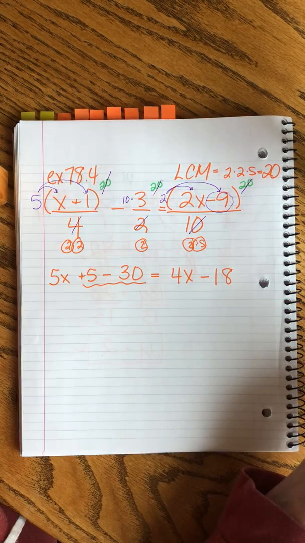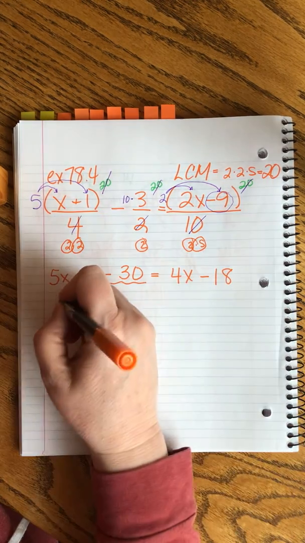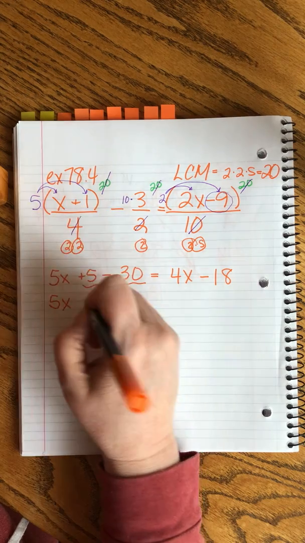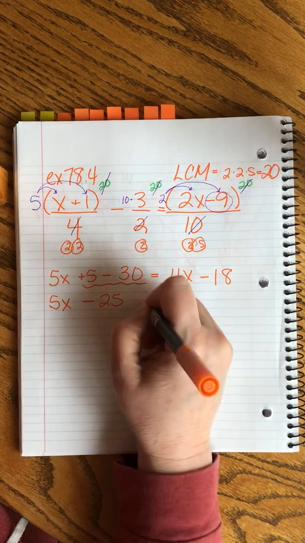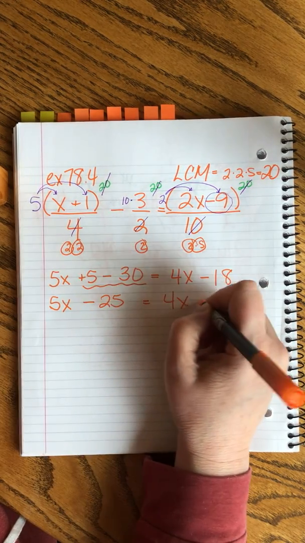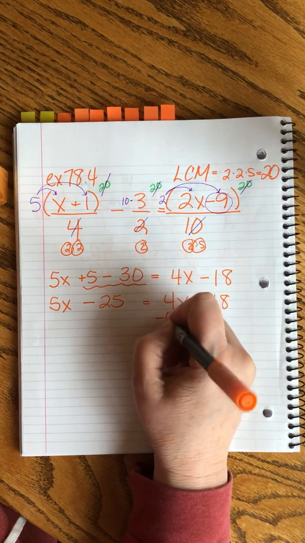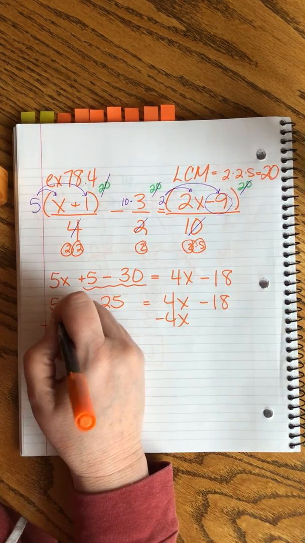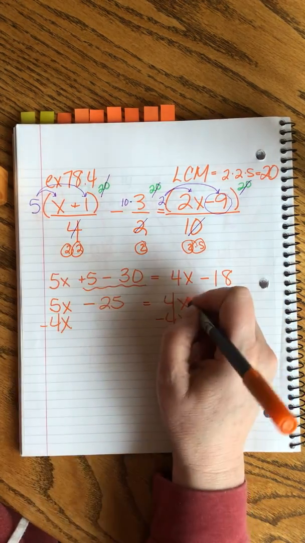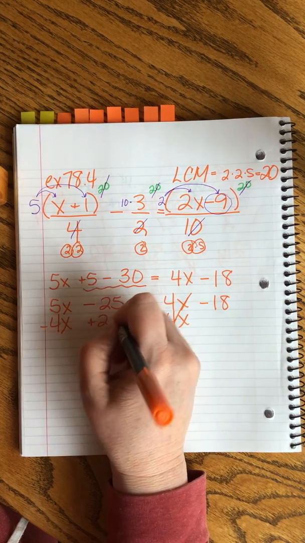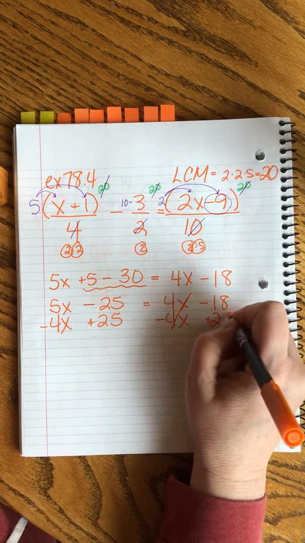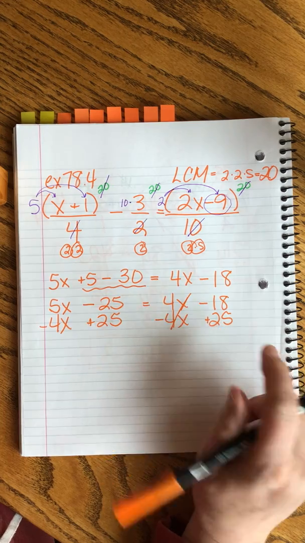Let's combine those. That will be 5x minus 25 equals 4x minus 18. We'll bring the 4x over to the left. Swim, little fishy, swim. And then we'll add 25 and get the plain number boys over here.